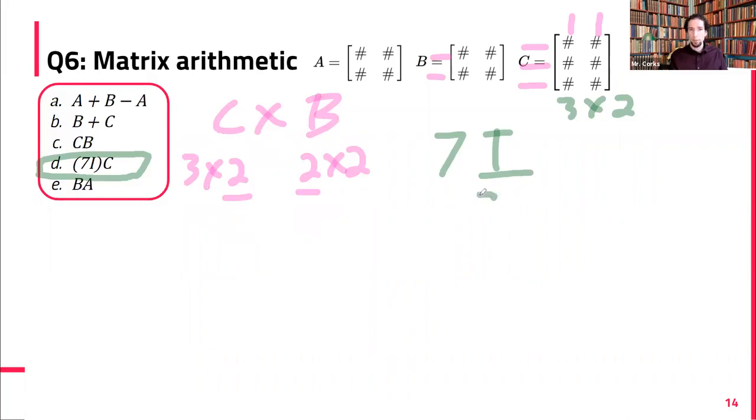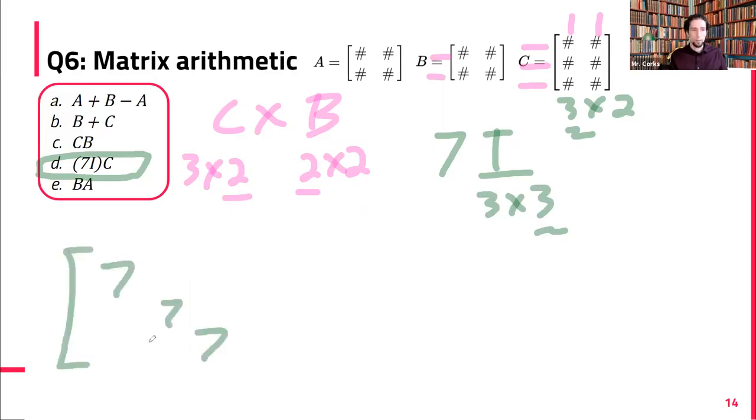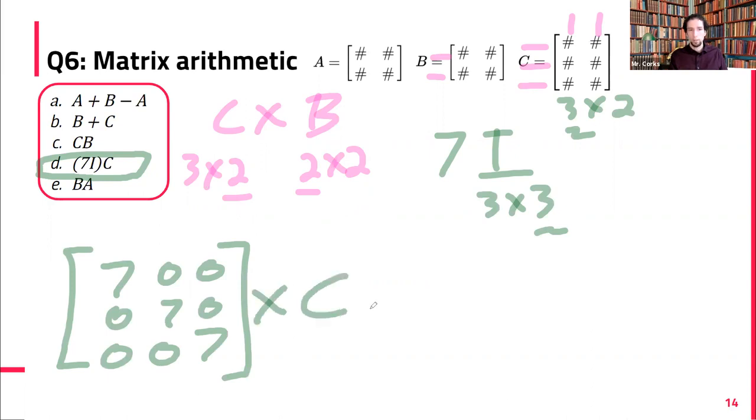I must be a 3 by 3 because that's the only way to make the inside numbers match here. So 7 times I would give us 7, 7, 7, and then all zeros. Identity matrix, just times a scalar, 7, would give us this. And then we multiply that by matrix C, and we work out, okay, here are the results.